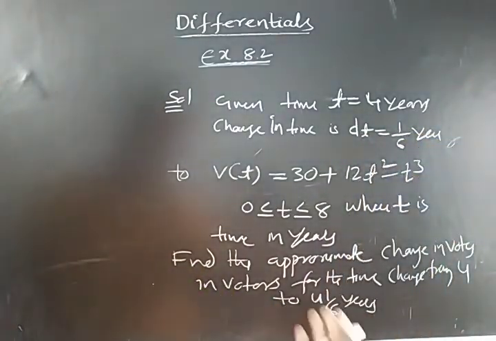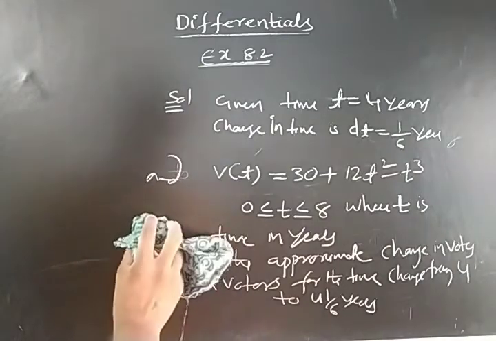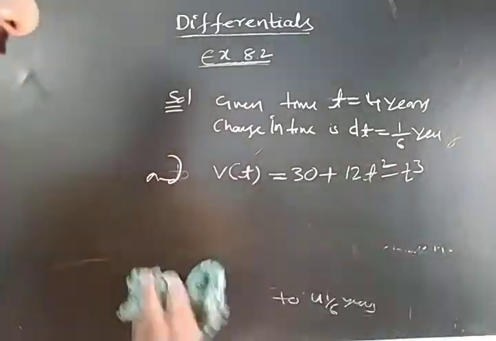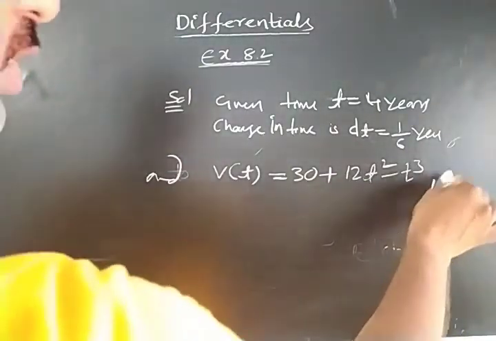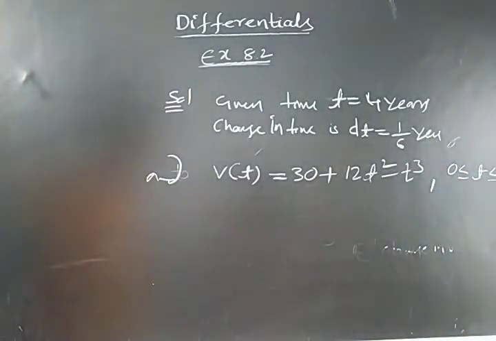So it is the increment, dt is 1 by 6, and the relation between V and t is given: 30 plus 12t square minus t cube, where 0 is less than or equal to t less than or equal to 8.